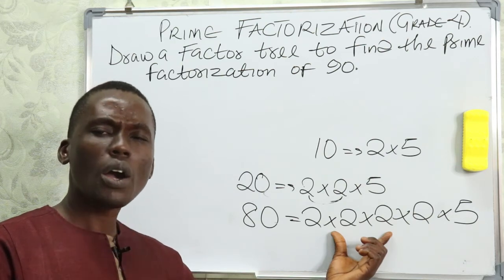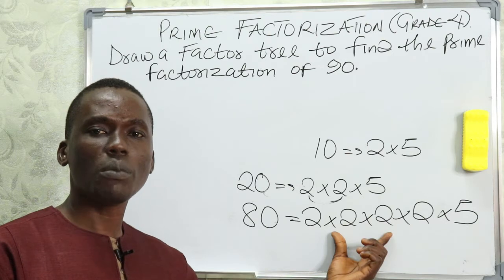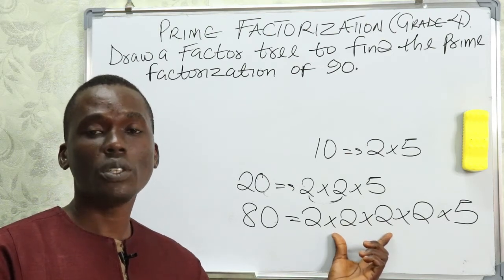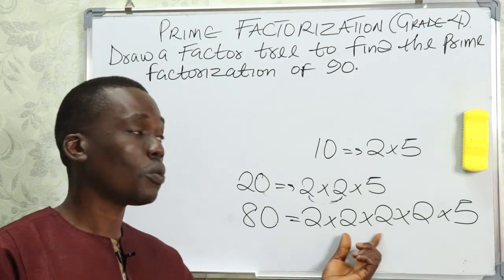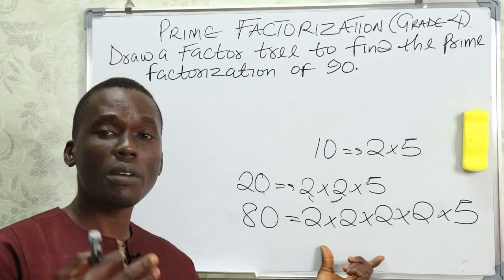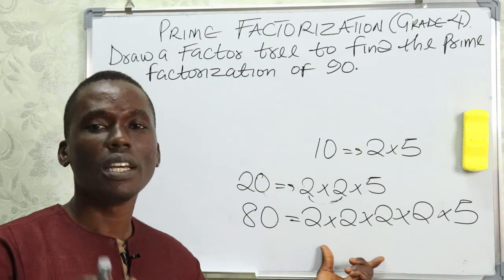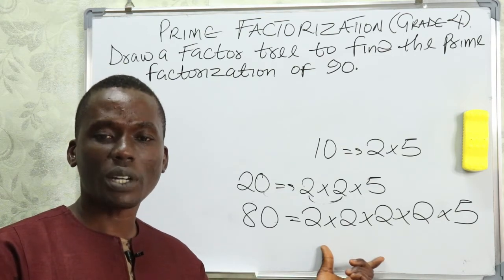Now how can we use the factor tree method in finding the prime factors of a number? That is what we call prime factorization. When a given number has prime factors that repeat themselves in many instances, we call it prime factorization.